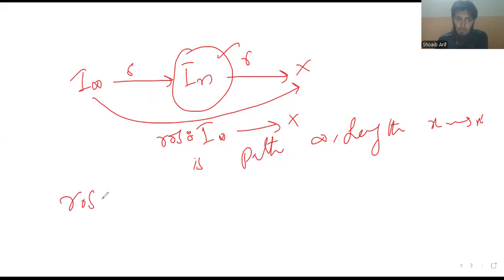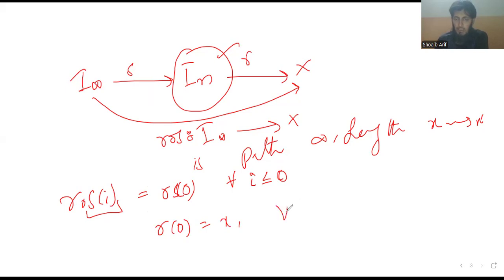So gamma compose S of i is equal to gamma of 0 for all i less than 0, and gamma of 0 is equal to x.